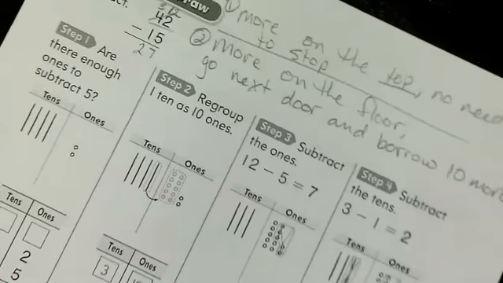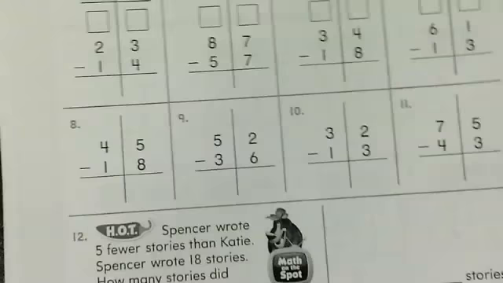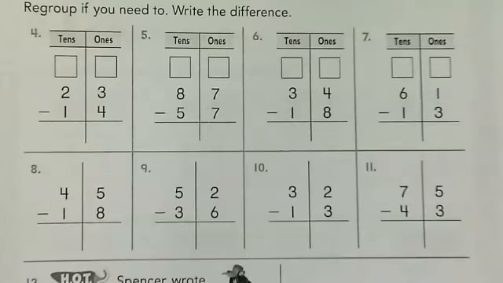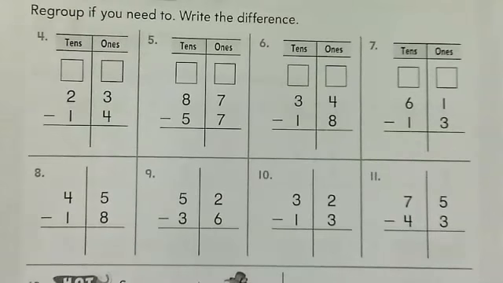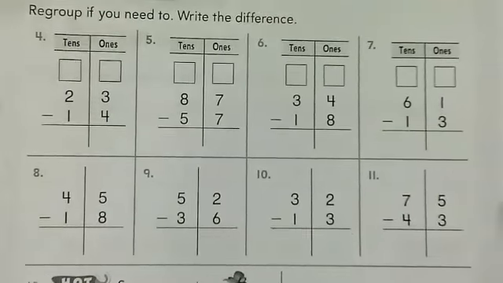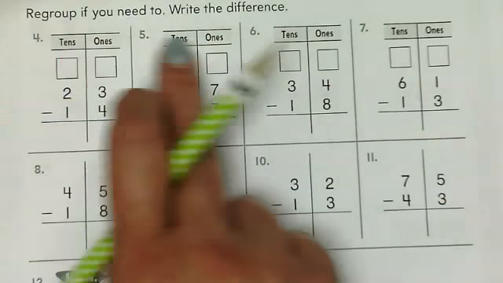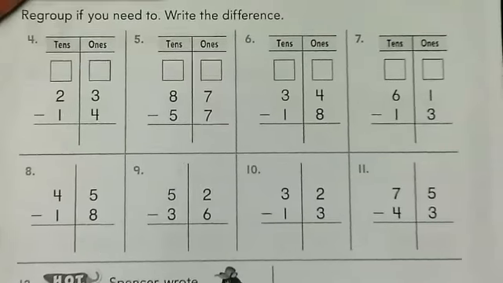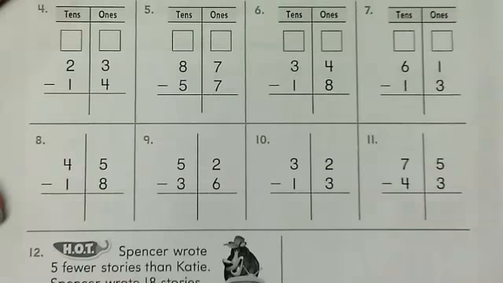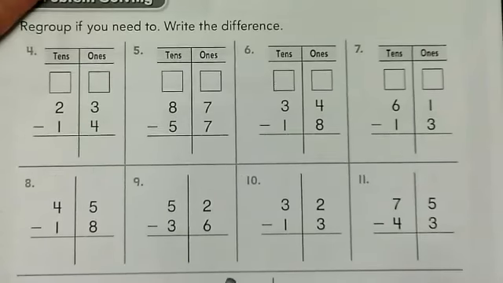All right. On page 2 of your work today, you have more of the same type of subtraction problems. On 4 through 7, they've put in the boxes and they've given you your place values. On 8 through 11, they haven't, but that's okay.